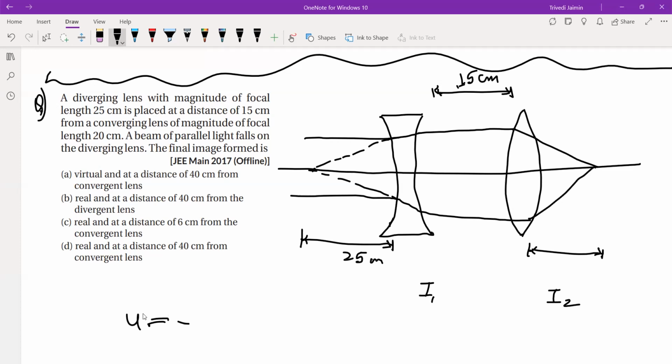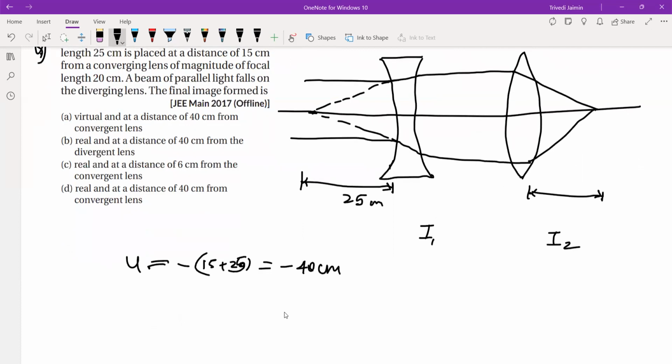So minus 15 plus 25... sorry, minus 25 minus 15, which is minus 40. Minus 40 centimeter, that is your object distance. And focal length 20 centimeter is given.